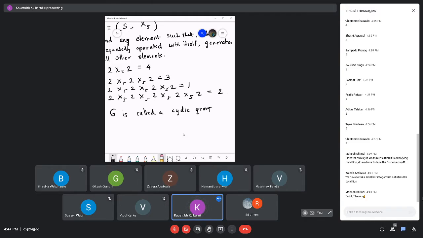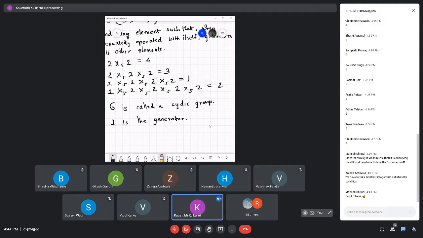In this case 2 is the generator. So 2 can generate all other elements.